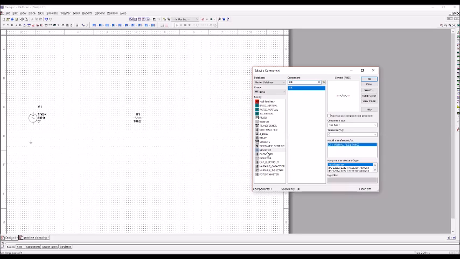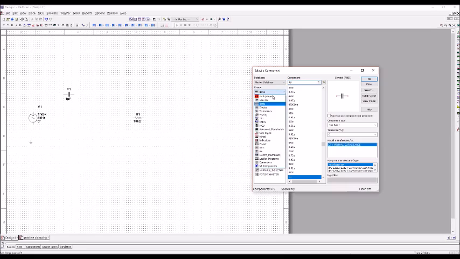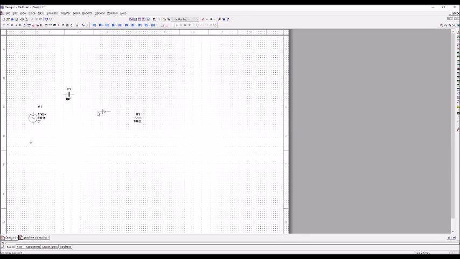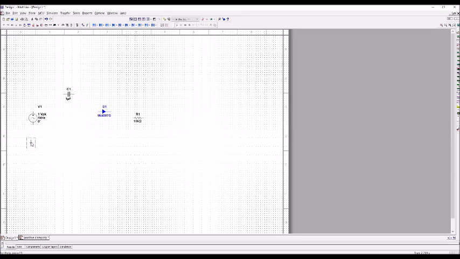And a capacitor of 1 microfarad and a diode. The diode will be 1N4007. And now we have to connect these.